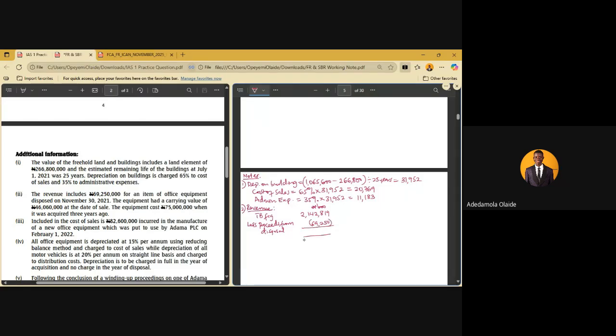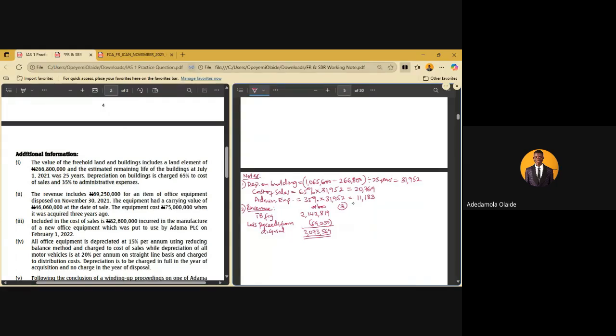And that will give us how much? 2,073,569. Since we have a disposal, automatically we know there will be either a gain or loss on the disposal.